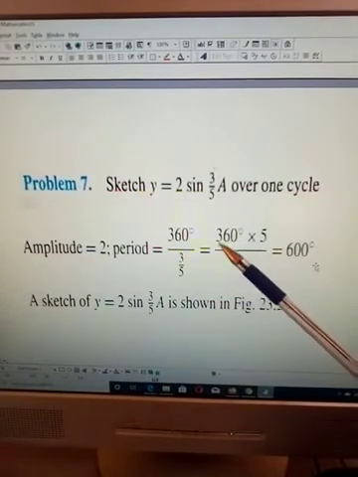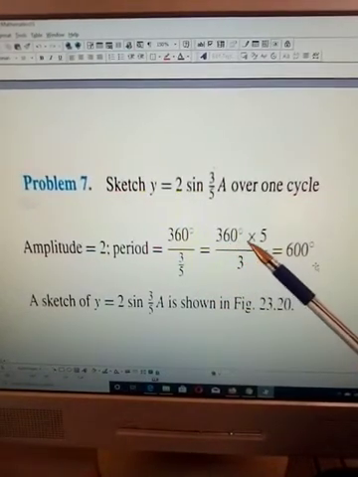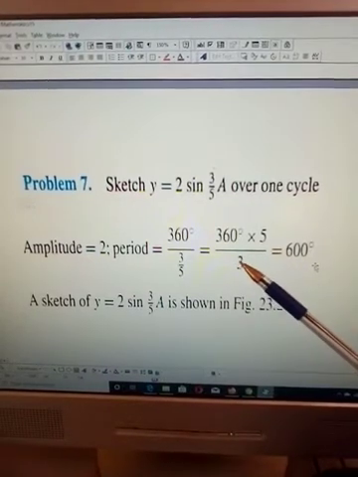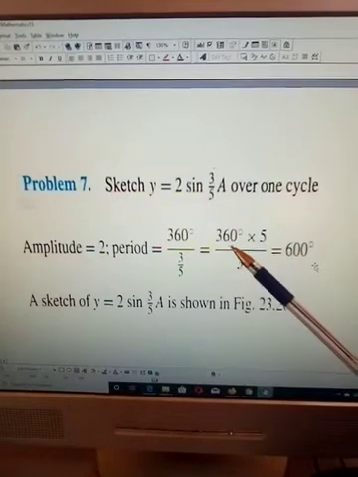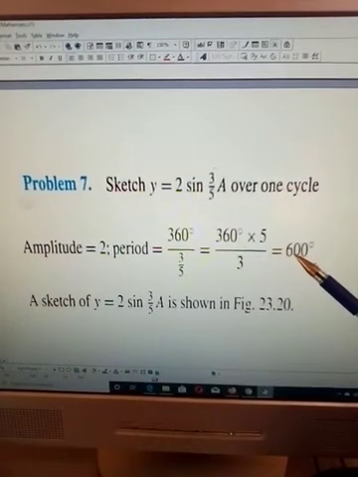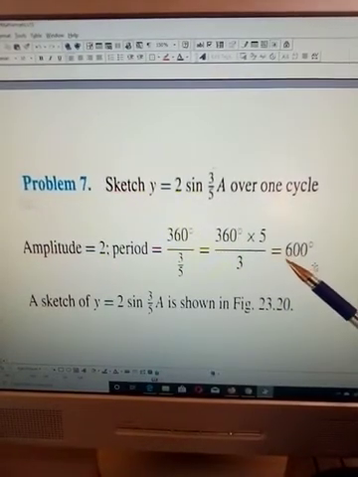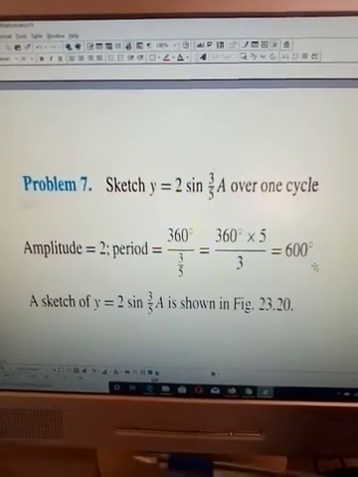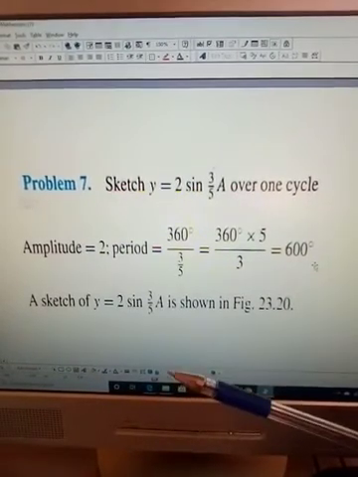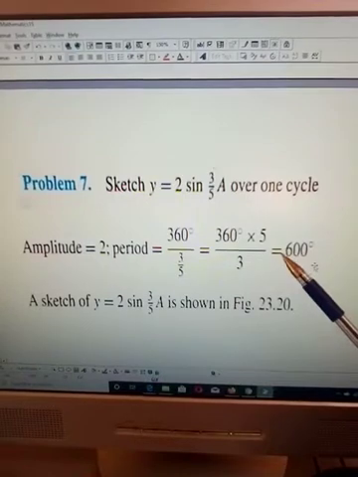Now make sure that you have actually put this into your calculator and divided and got the answer 600. Do not assume this answer to be correct, because in some cases I've put in an incorrect answer so that when you try to do a calculation further on, it doesn't work. So make sure you calculate for yourself.